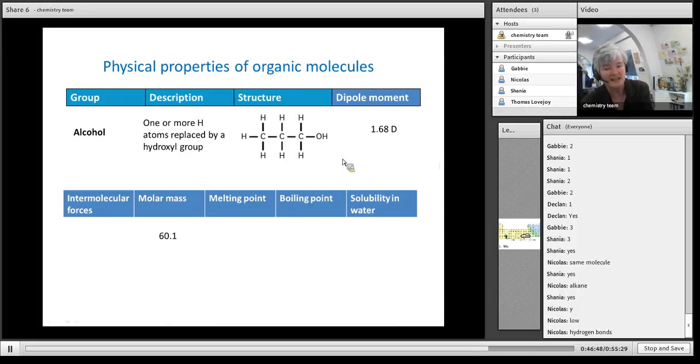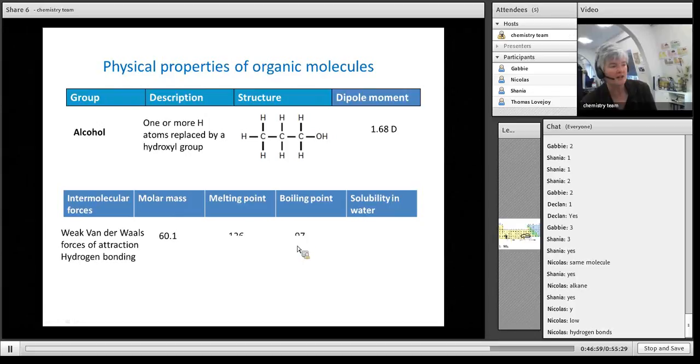So remember, it has to be intermolecular, it must be between molecules. And because we've got this much stronger intermolecular force, so we've got the van der Waals and the hydrogen bonding, look at the boiling point. It's shot up.